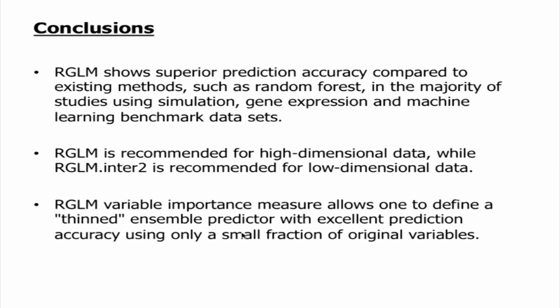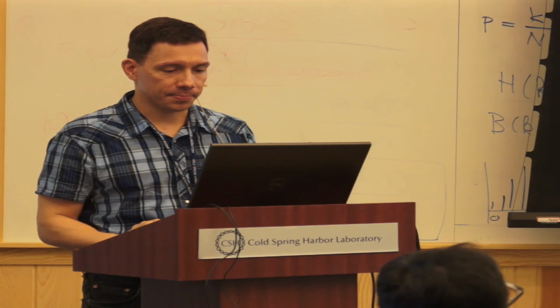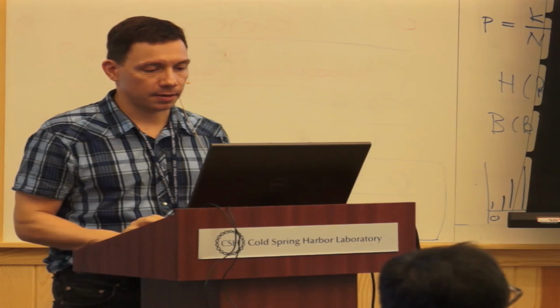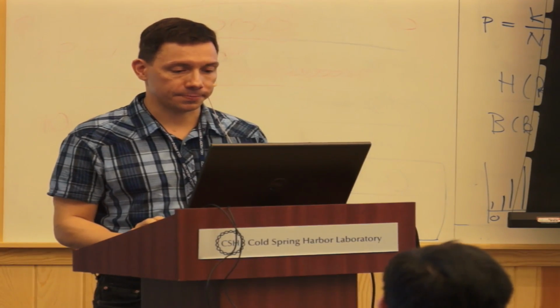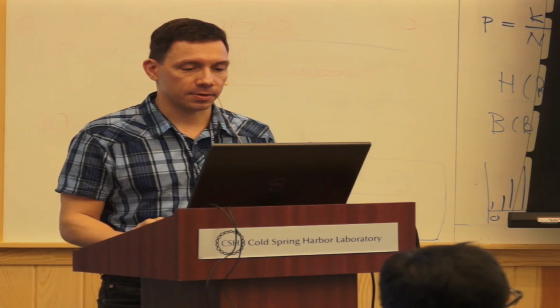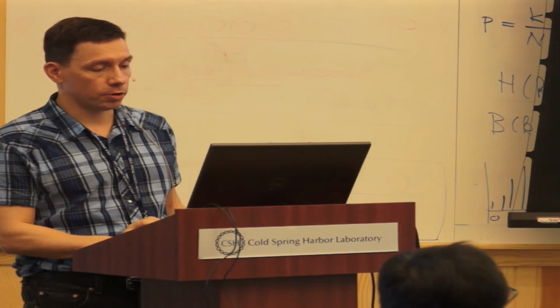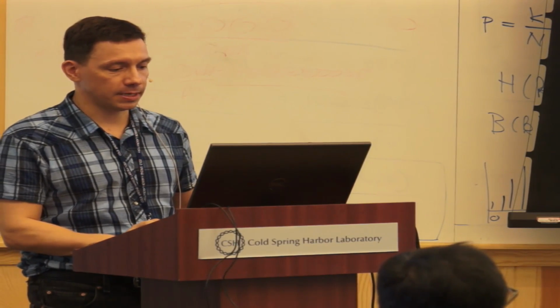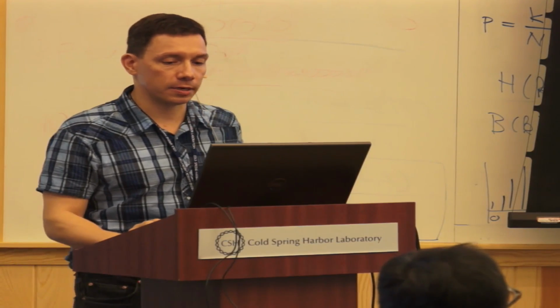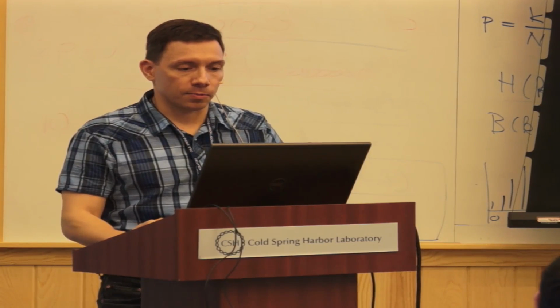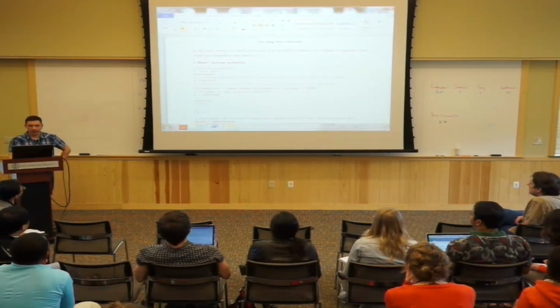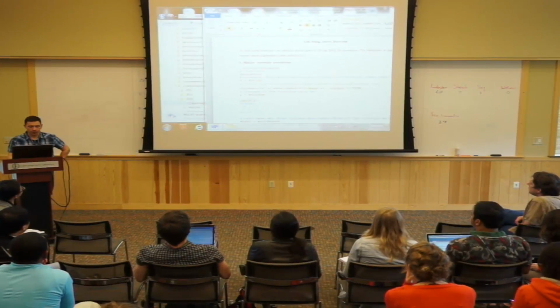So now I will give you an R tutorial. Let me start out with a Word document called mini tutorial for the Random GLM package. There's an R library that you can install.